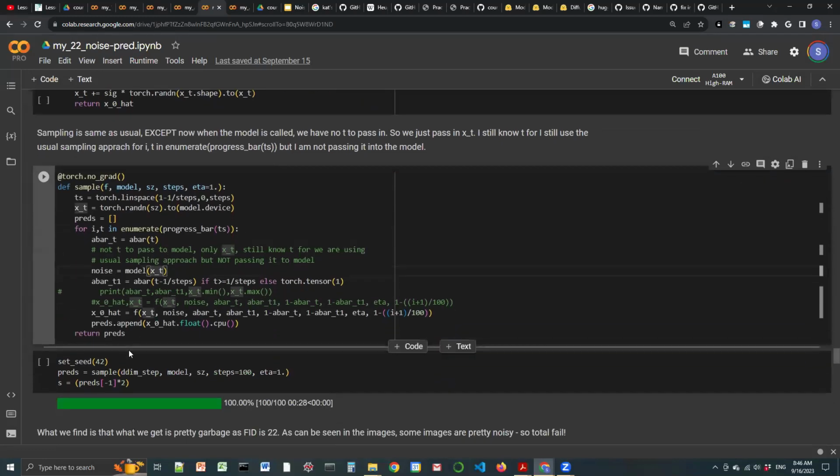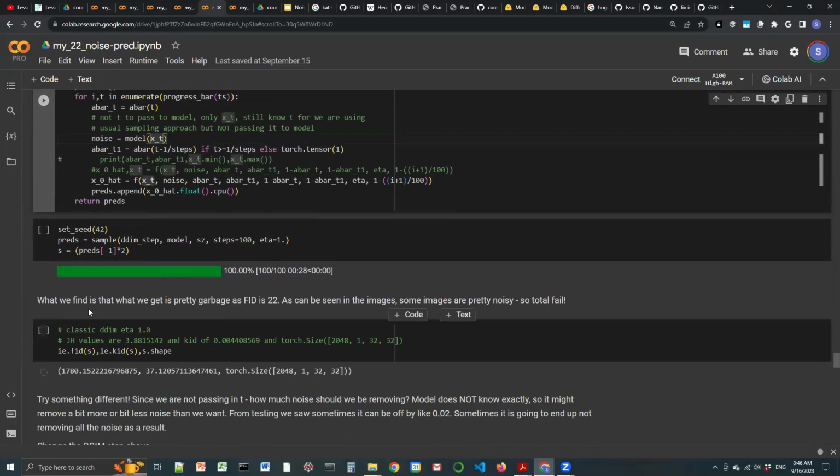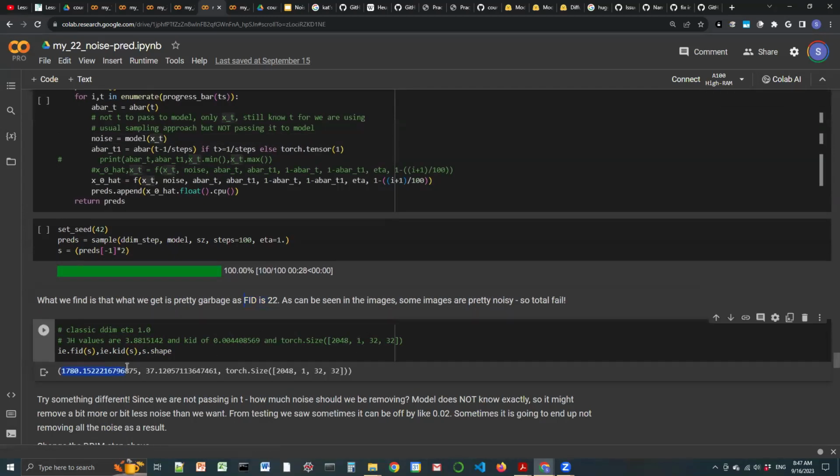And then we get the x0 hat, we do the set predicts, and the value that he finds is an FID of 22. And look at my FID, it's 1708. So that's what I meant by saying something is broken, because obviously an FID of 1708 is meaningless, or at least it tells us that something is very wrong.